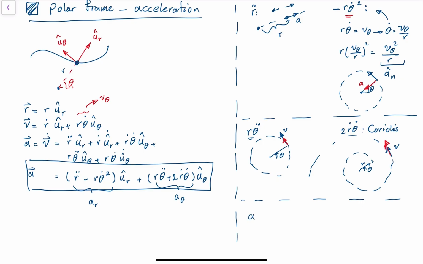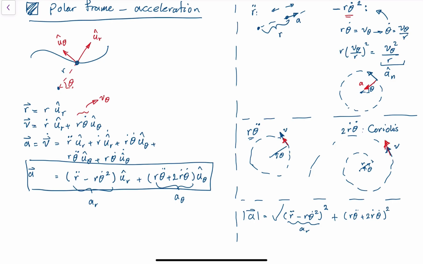If you want to find the magnitude of acceleration, you have to consider both components, and that is r double dot minus r theta dot squared, all of this is the radial component, so the radial component is squared, plus r theta double dot plus 2 r dot theta dot.